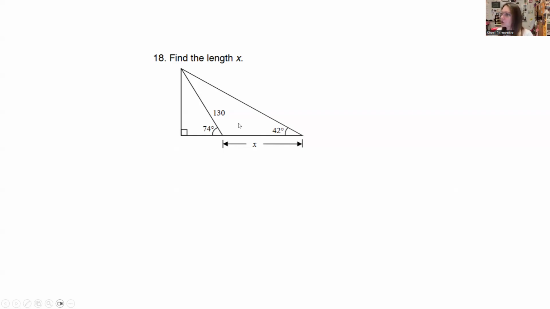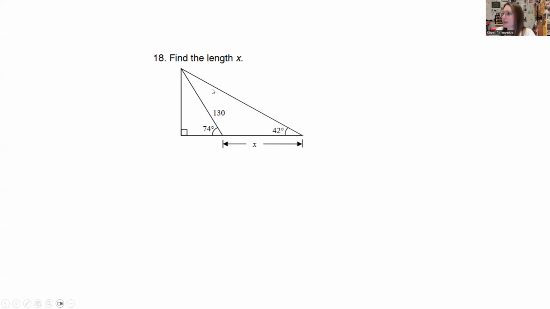No, you cannot use trig ratios on a not right triangle. So we're going to have to use our super skills and really break this down. I wrote really small. I was able to fit all of the work on here for question 18, but I wrote really tiny when I did it.